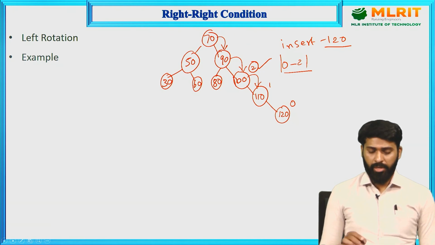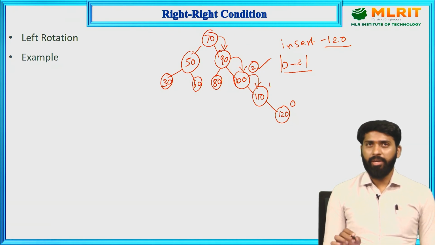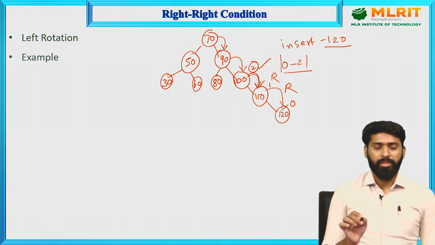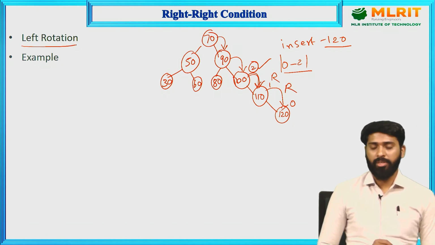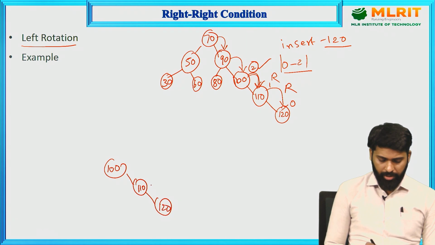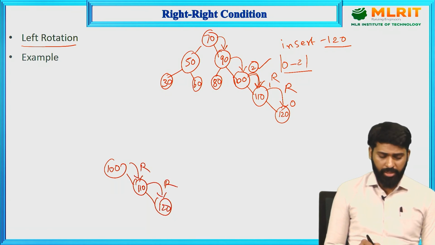Okay. So now you identify the condition. What is the condition here? For this violation, the condition is right, right. So the solution is left rotation. So consider this 100, 110, 120, right, right. So the rotation is left.